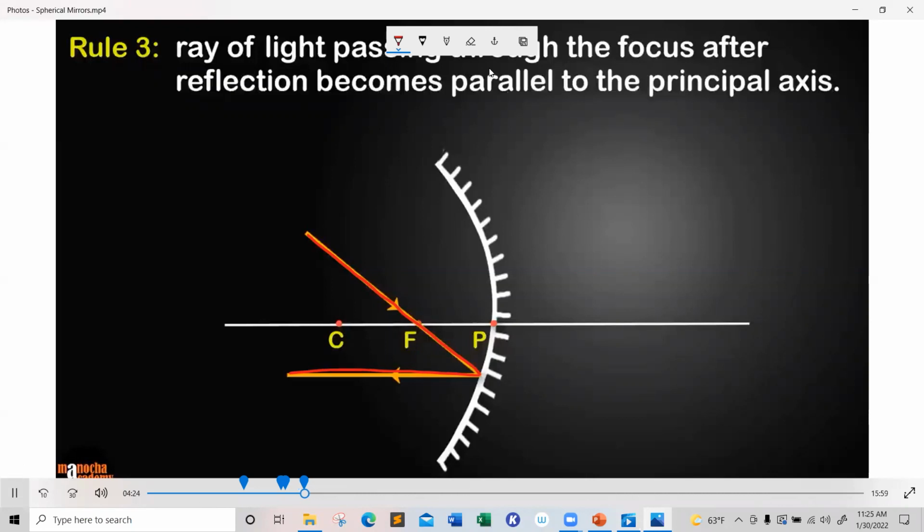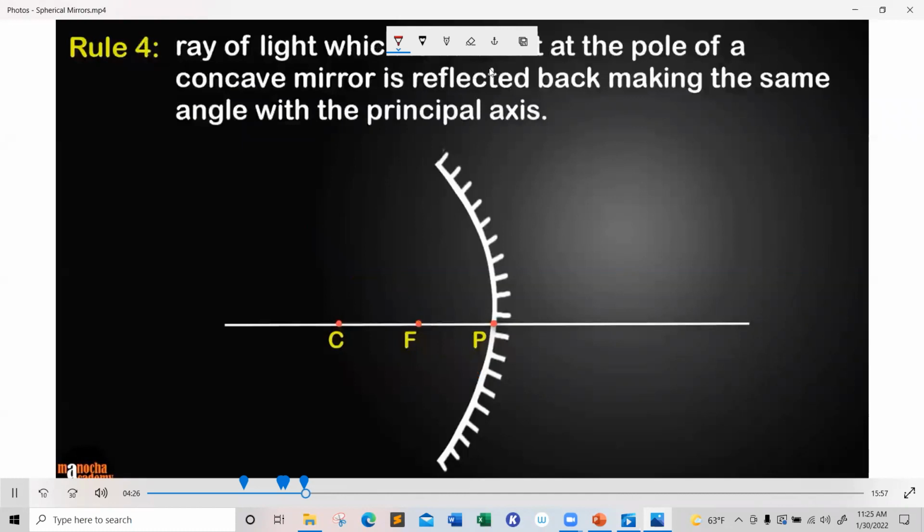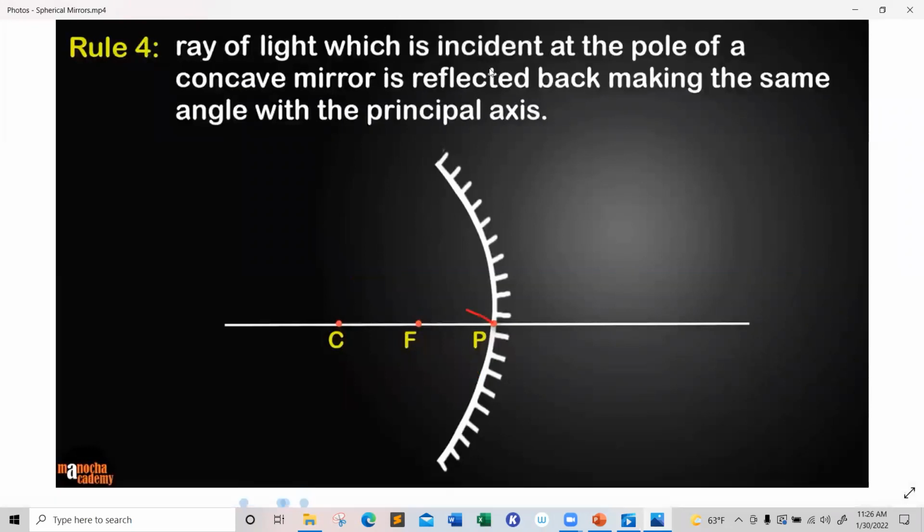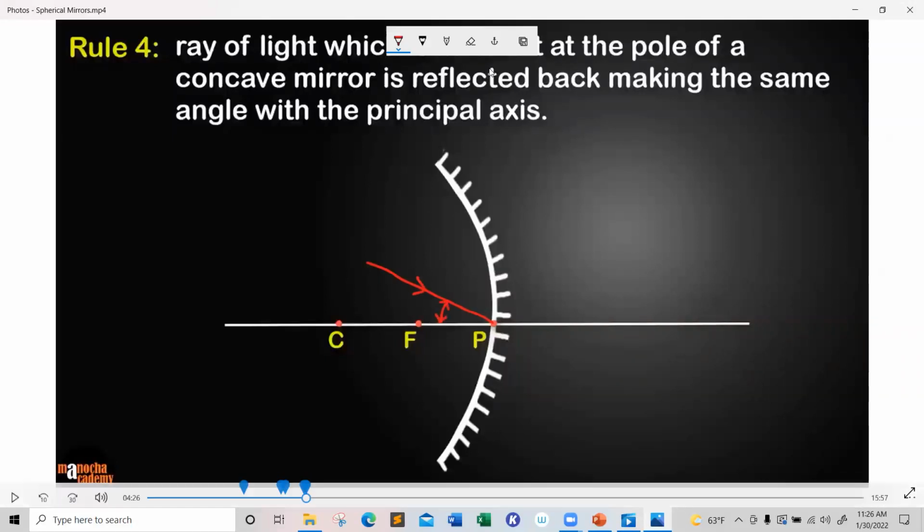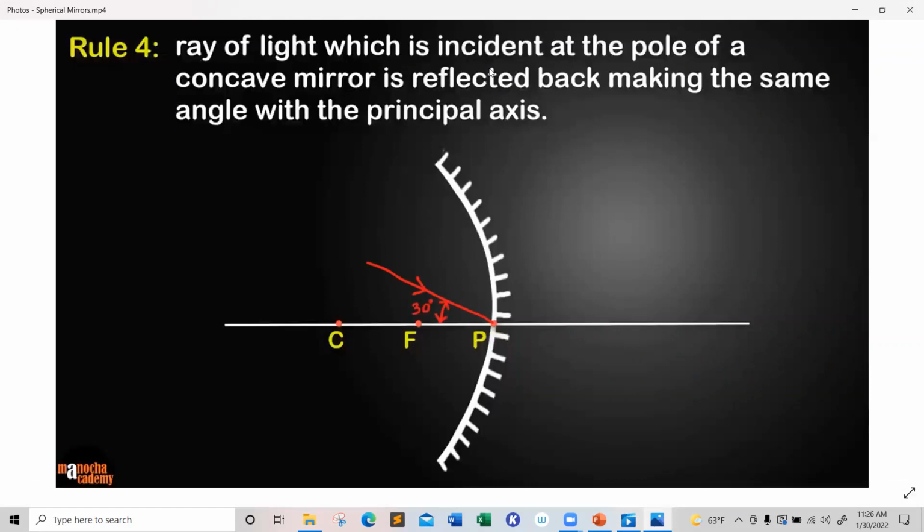Rule 4. There is another rule, but we don't apply this rule much because it is relatively difficult to draw. You need the help of a protractor. If a light ray is incident on the pole, then the angle created here, let us say 30 degrees, you have to measure another 30 degrees here and then you can draw the reflected ray.